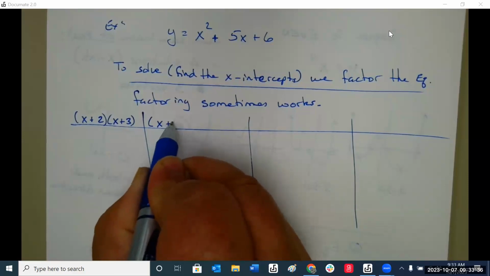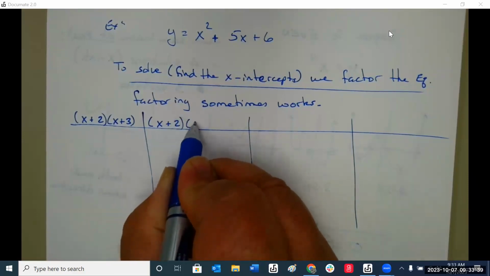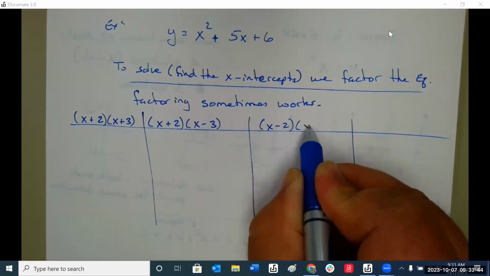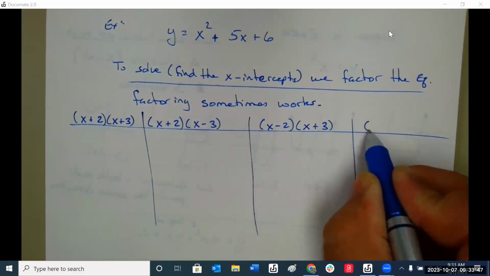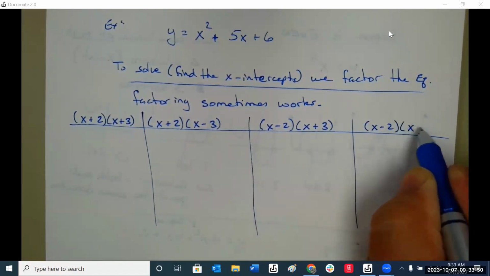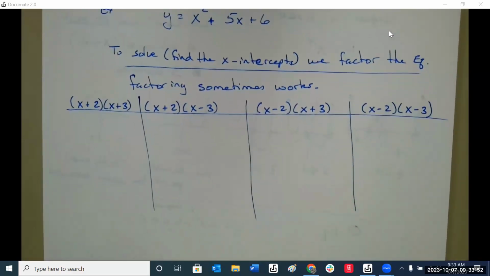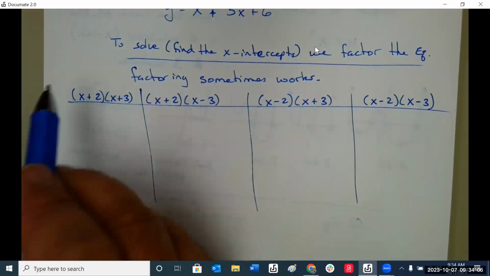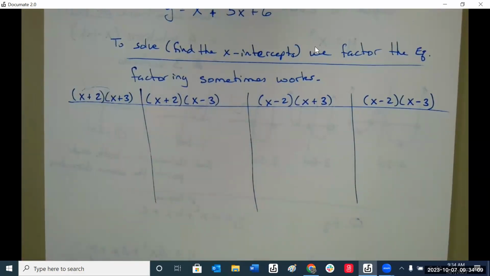Multiply these 2 binomials together. I want to do this so we can look for patterns here, and also give you practice multiplying, or foiling, these binomials.